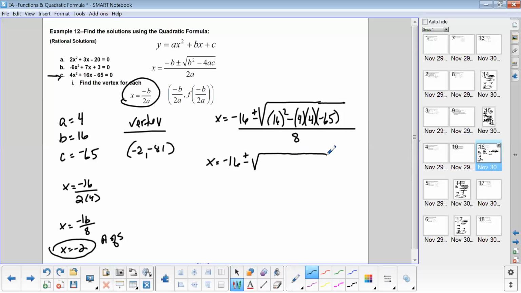So let's simplify under the radicand. Well, 16 squared is 256. Subtract, and notice I wrote subtract and then open parentheses because I'm looking for what is this product. Well, that's going to be 16 times a negative 65, which is going to be negative 1,040.